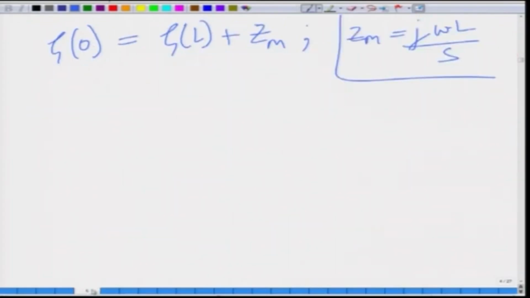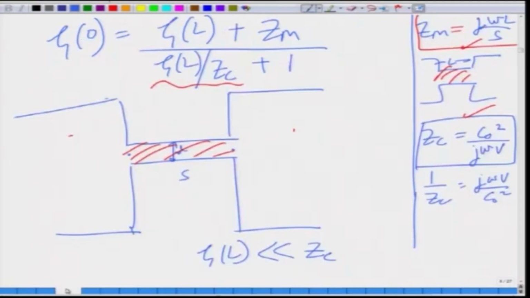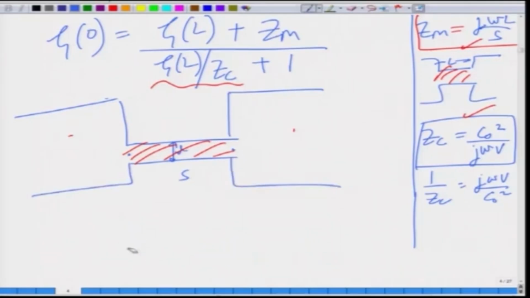I should make some space here, and this is equivalent to the following electroacoustic circuit. Here you have Zm and here you have this thing.